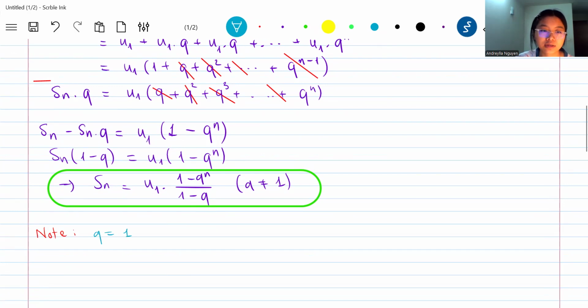For example, I take a geometric sequence with q equal to 1 and u1 equal to 5. The next term is 5 times 1, which is 5, and then 5, 5, and so on. You can recognize that every term in the sequence is the same. So Sn equals u1 times n. That's all. This is how to compute the sum of the first n terms when q equals 1.